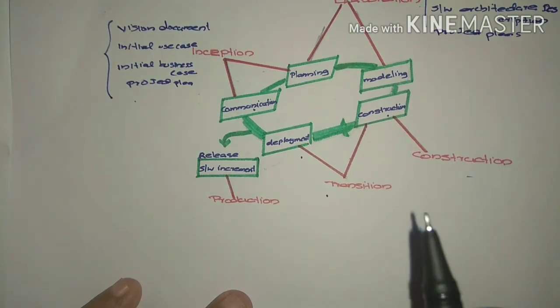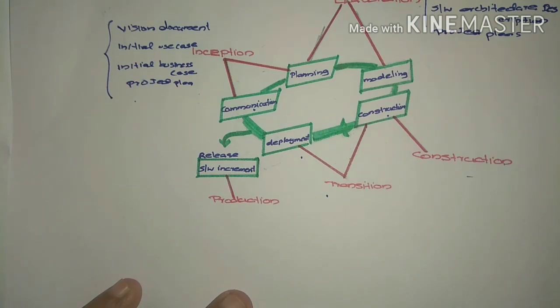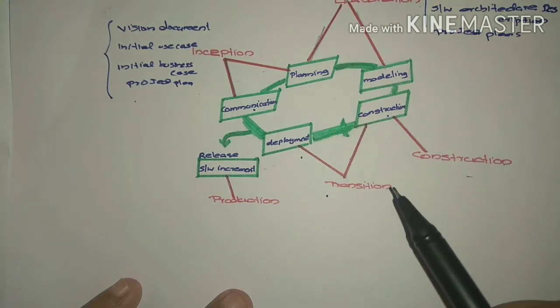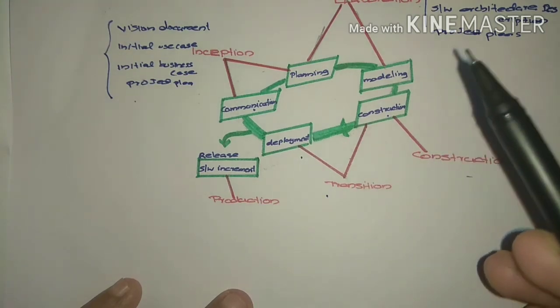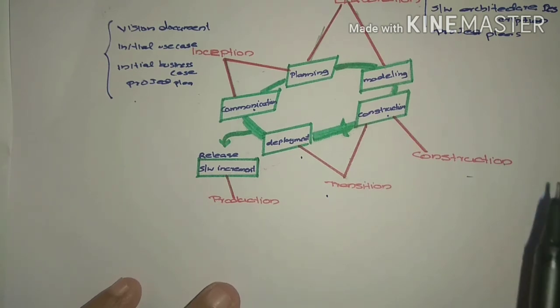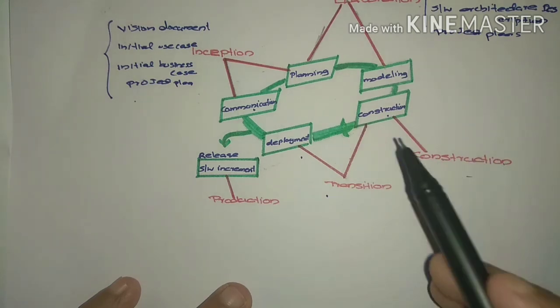In addition, the software team creates the necessary supporting information, like user manuals, troubleshooting guide or installation procedure. At the conclusion of the transition phase, the software increment becomes a usable software release. So here the software is given to the end user.